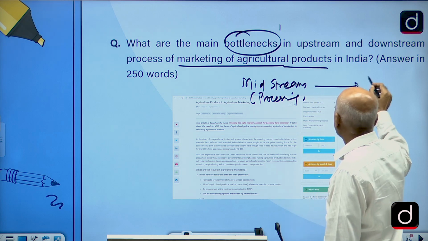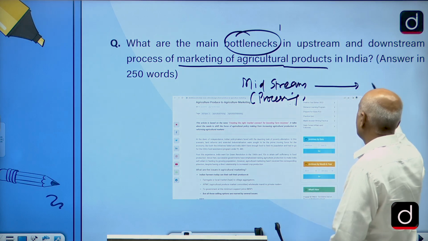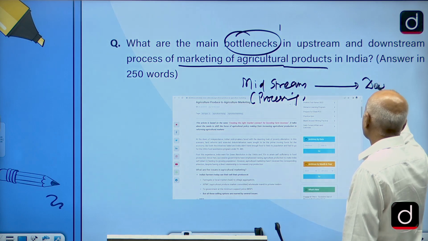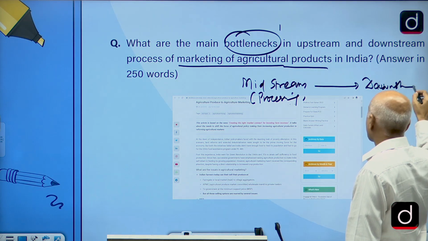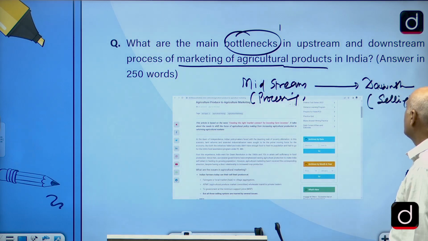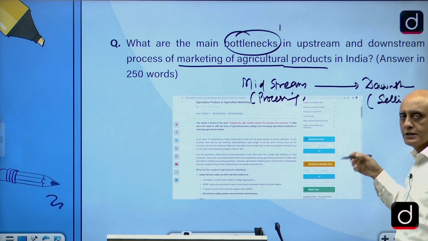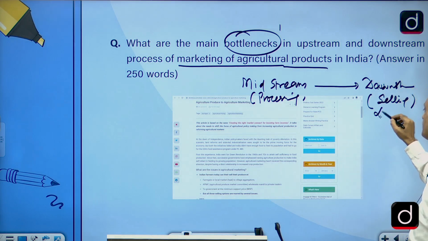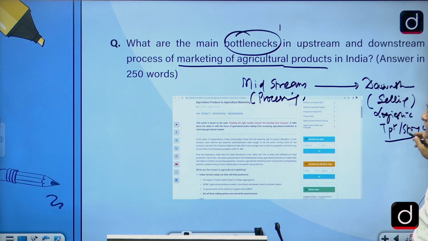And when you go downstream further, then it is related to selling your product, and when you are selling, you are involving all the logistic machinery such as transport, storage of finished goods, packaging, advertising. These are all the downstream activities that you have to do.